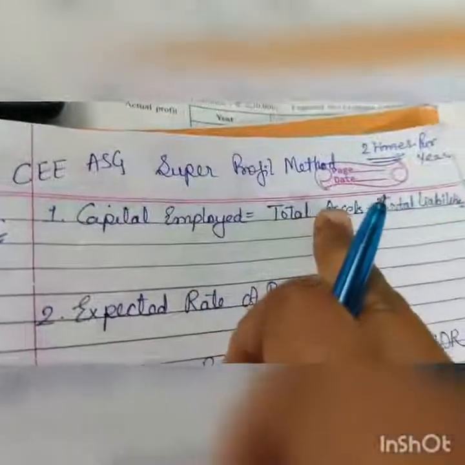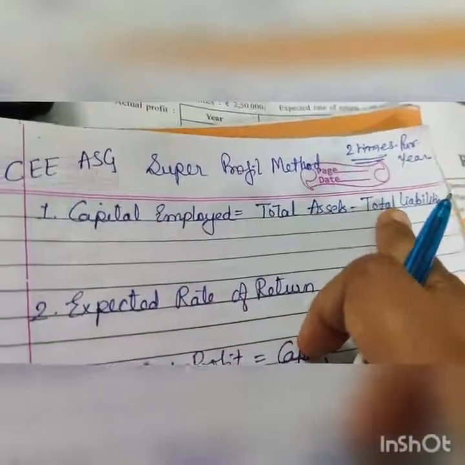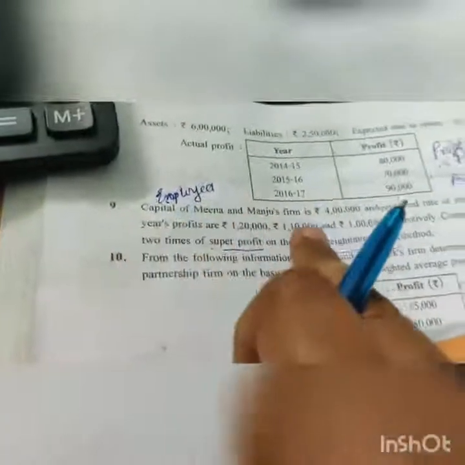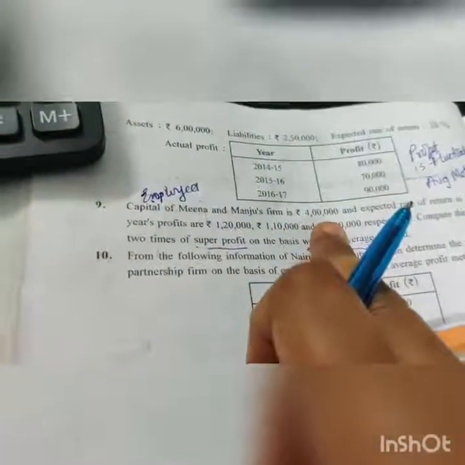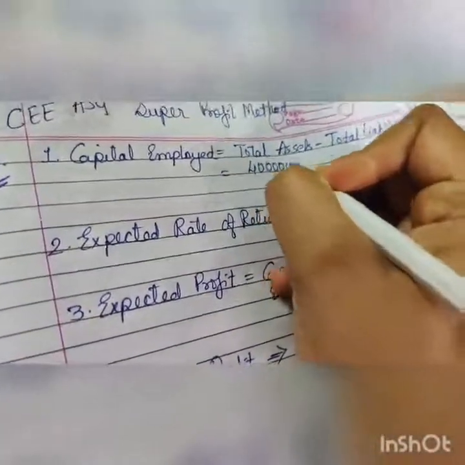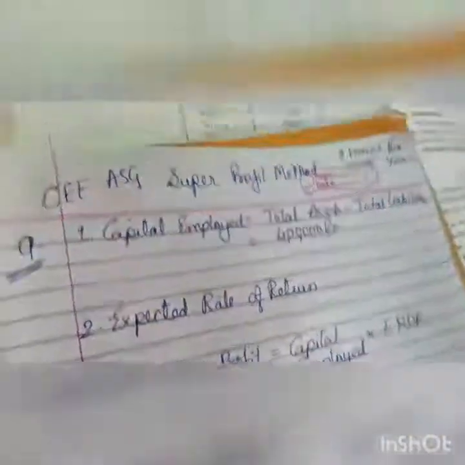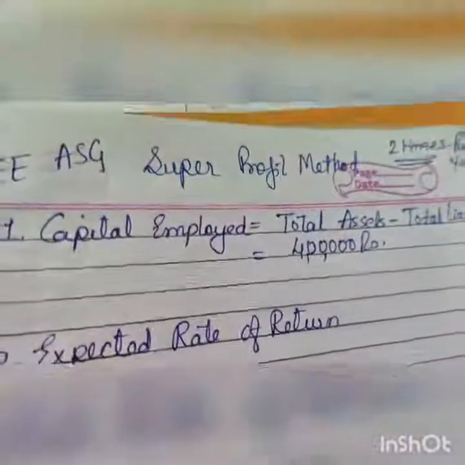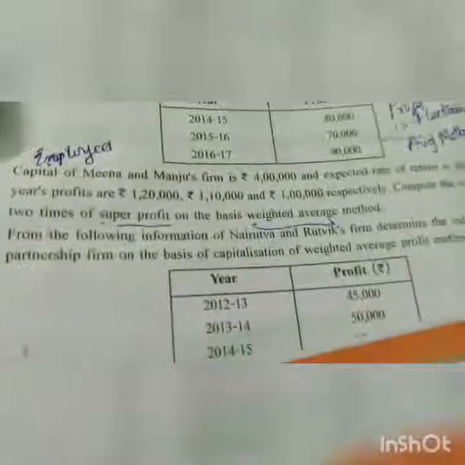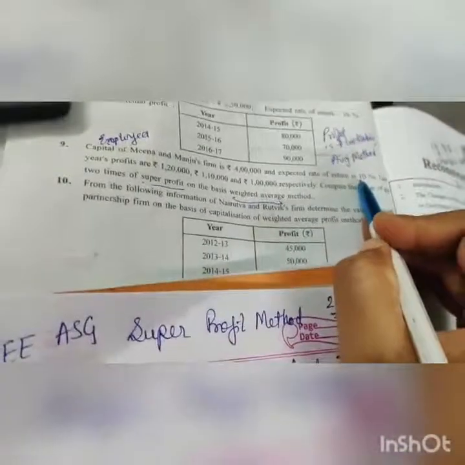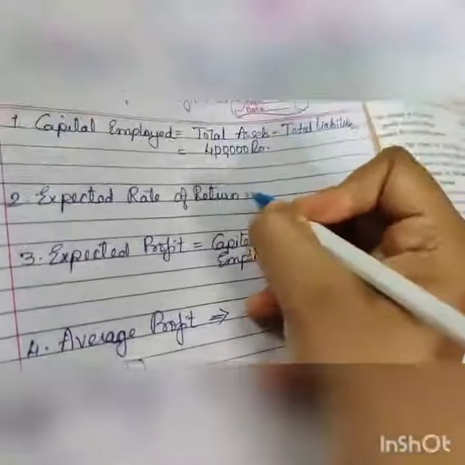First step, capital employed, is total assets minus total liabilities. In this sum it is not needed, because the capital of Meena and Manju is directly given as 4 lakh. So no deduction is needed. Directly write that the capital employed is 4 lakh rupees. Then the second step, expected rate of return, is 10%.